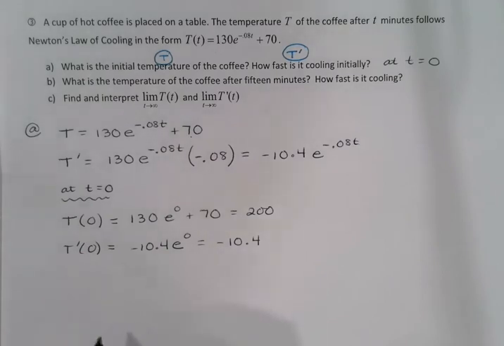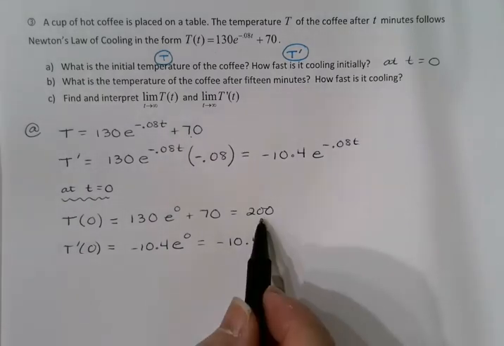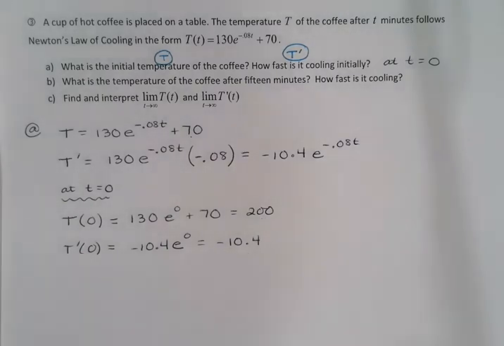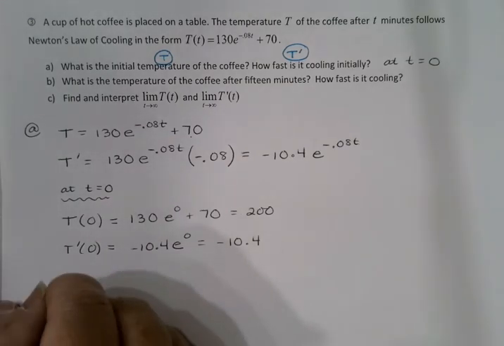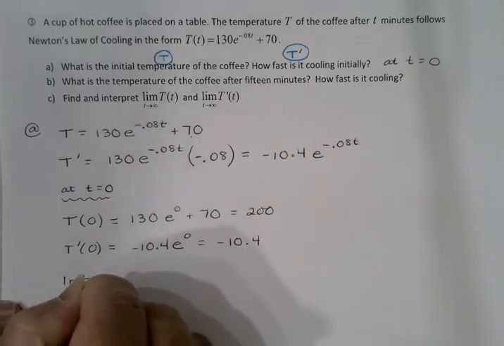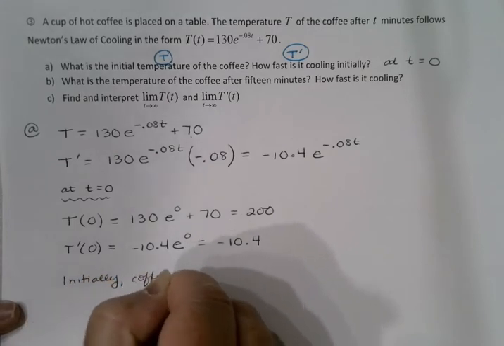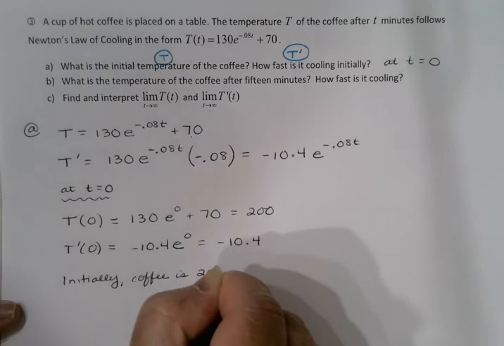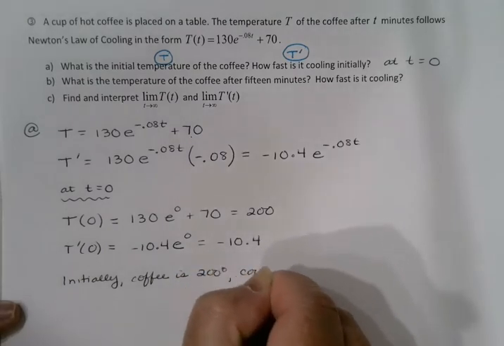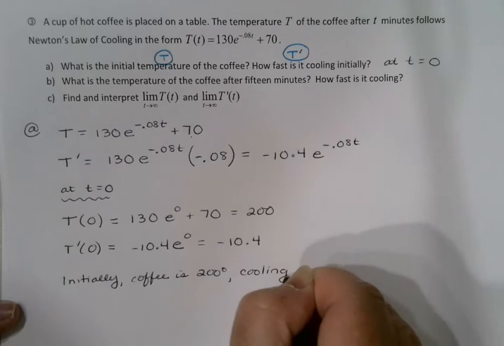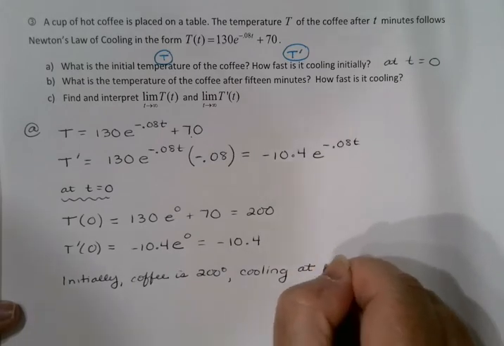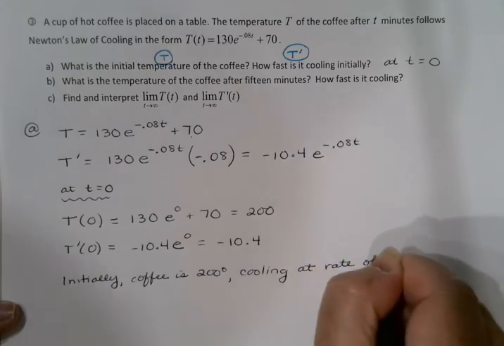So initially, the coffee is 200 degrees and is cooling at the rate of 10.4 degrees per, was this in minutes? Yes. So we've got our initial temperature and also our rate of change.